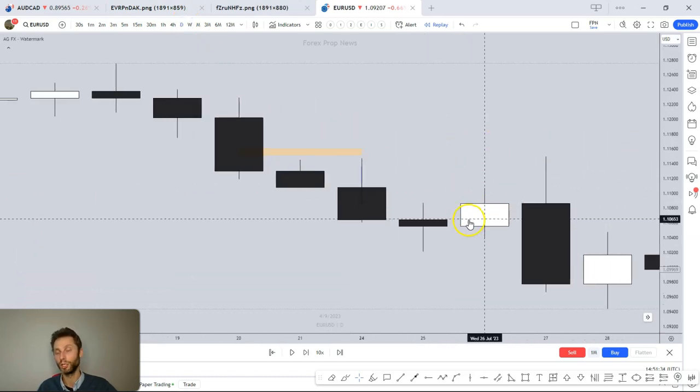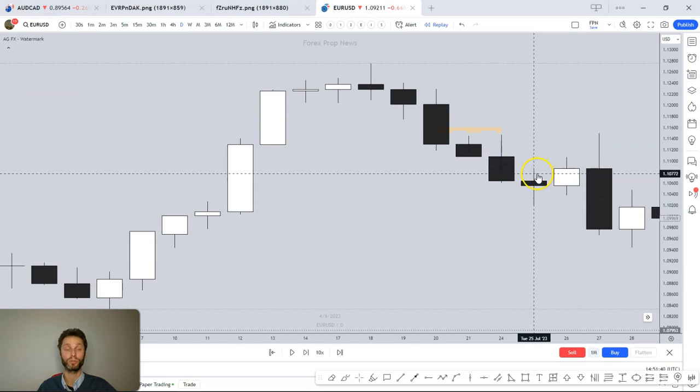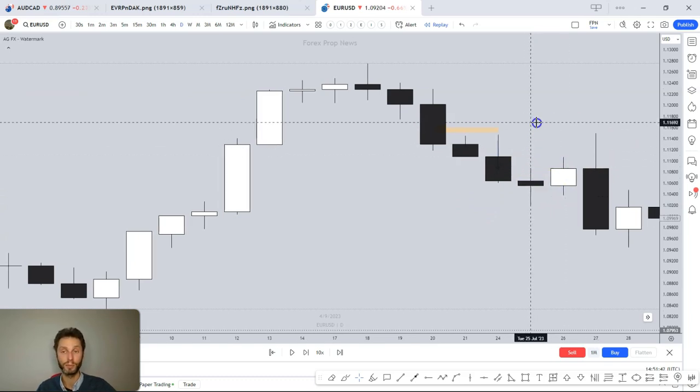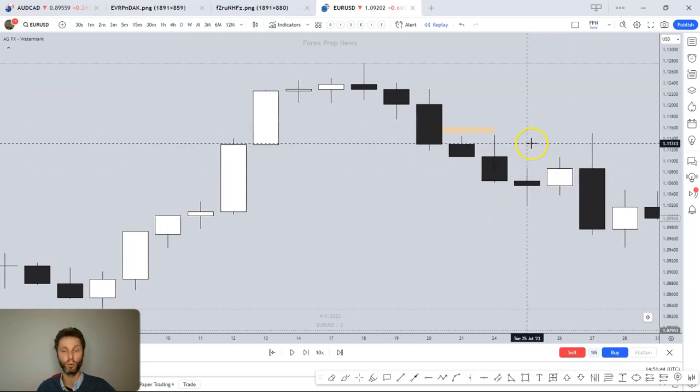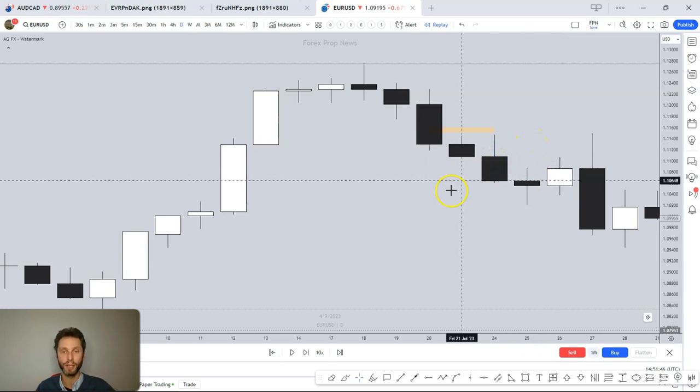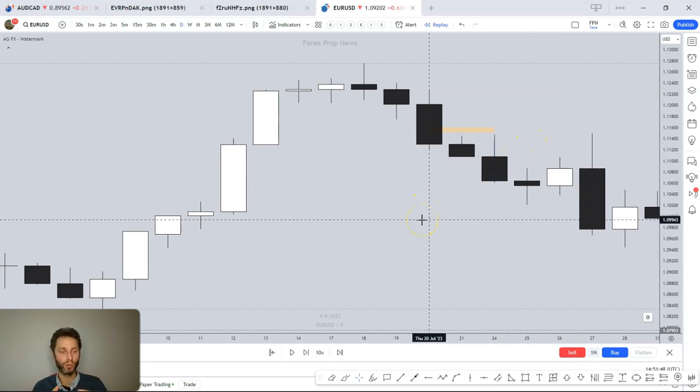Now there may be times when you will not quite get it right, and these pullback days may not be winning days, they may be even losing days or break even, or you may not want to enter. So the difference between those two charts, let's go back to them again.